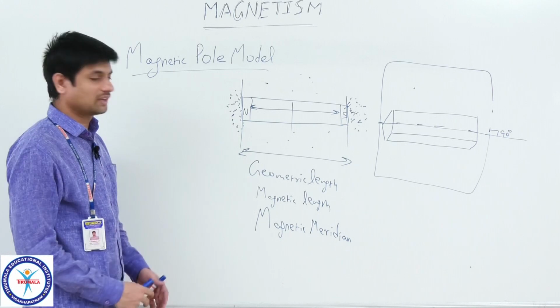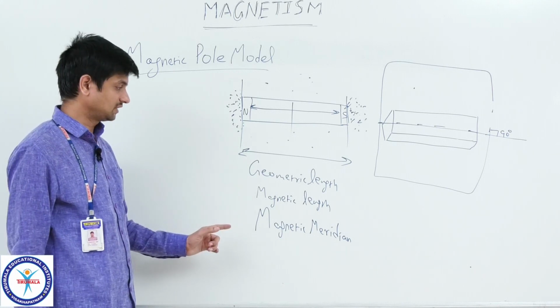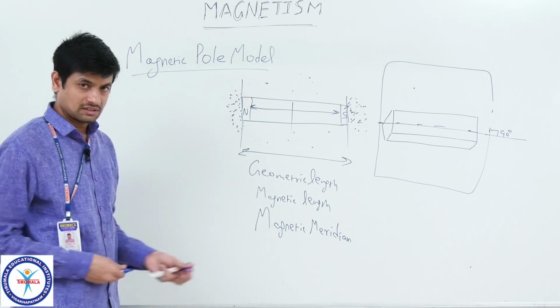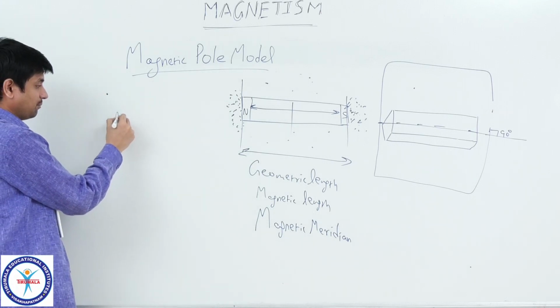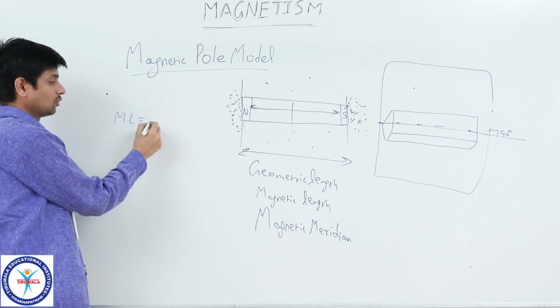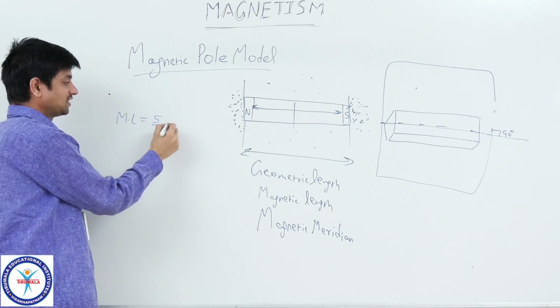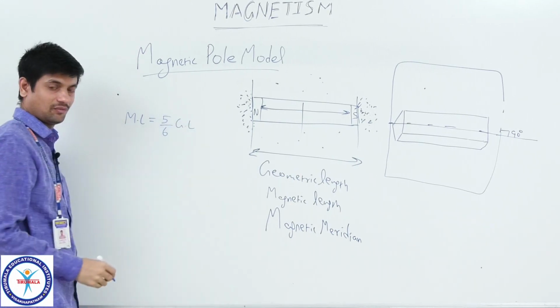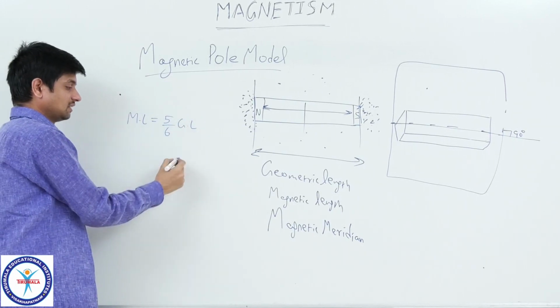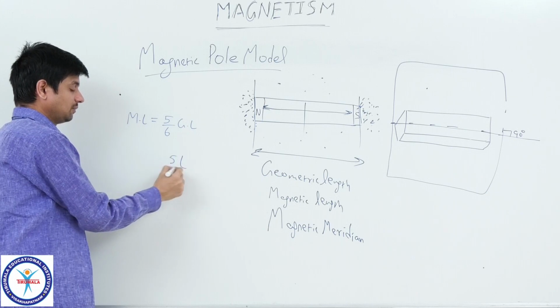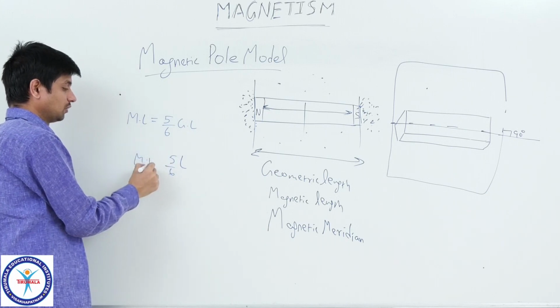So, why should I learn all this? During those days they observed the relation between geometric length and magnetic length also. That means magnetic length is equal to 5/6 part of the geometric length. So, if it has the length L, this will be 5/6 part of that one.